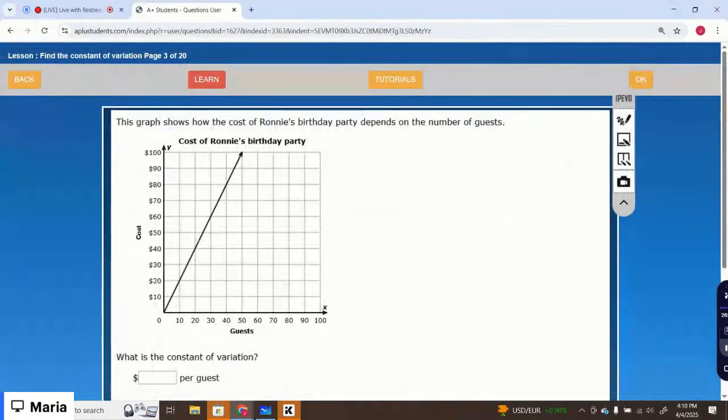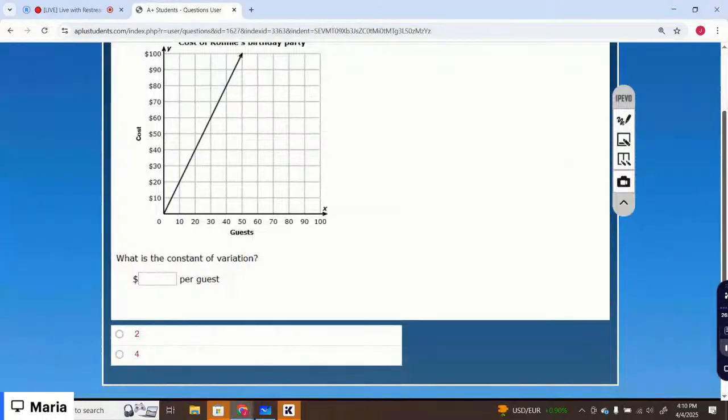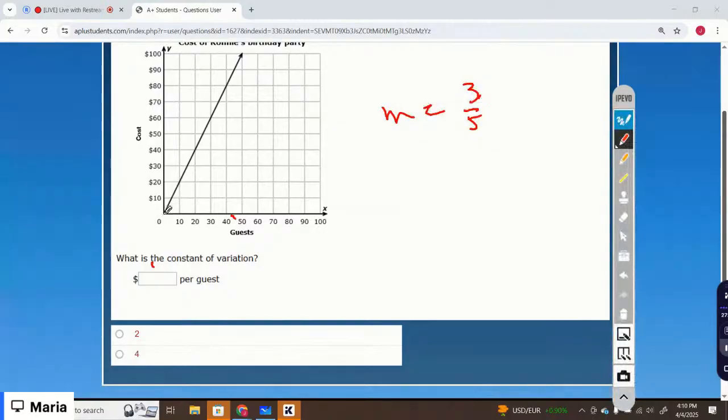The graph shows how the cost of Romi's birthday party depends on the number of guests. What is the constant of variation? So which is the correct option? Just select any 2 points on the graph and calculate the slope. So that is 20 over 10, that equals 2, so the constant of variation is 2.